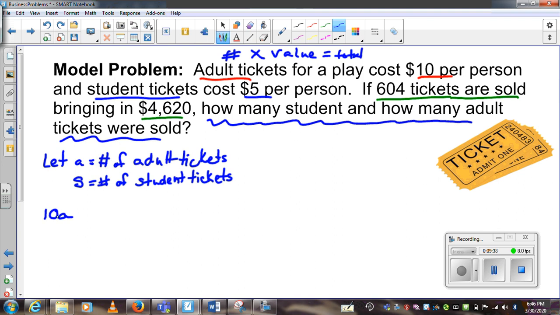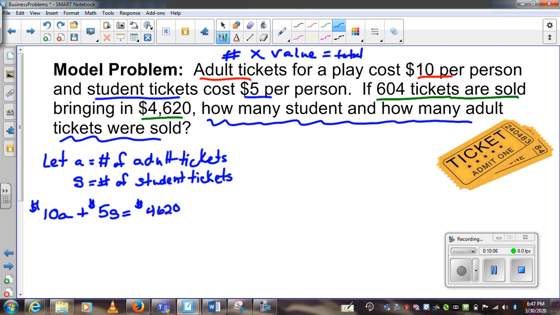So $10 times the number of adult tickets. This gives us how much money we're bringing in just in adult tickets. Plus $5 per student ticket equals, now, just to give you a hint, this is going to be money plus money equals money. Your labels have to match on the left and the right. So that must mean it must be the $4,620.